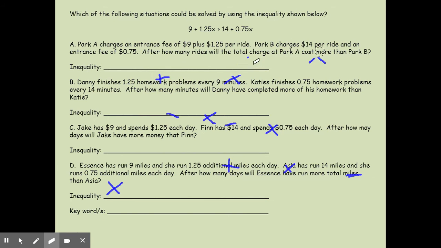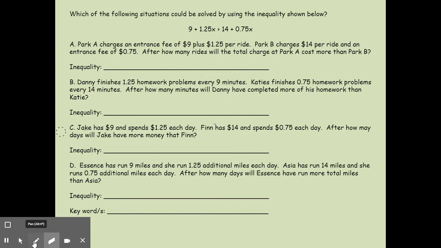Okay, next situation. Again, I'm gonna work backwards. I'm gonna start off from my answer choices. Sorry, my mind is going blank today. So, okay, problem A. It says Park A charges an entrance fee of $9 plus $1.25 per ride. So that tells me there goes my variable. Park B charges $14 per ride and an entrance fee. So and tells me I'm adding.